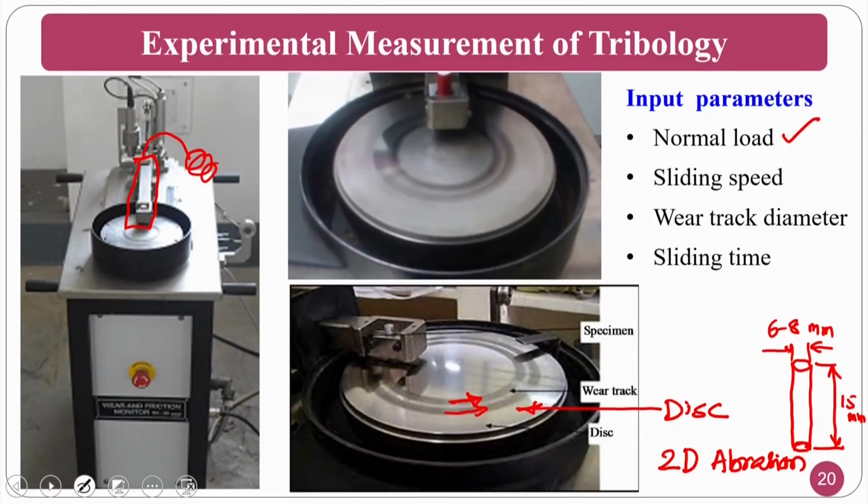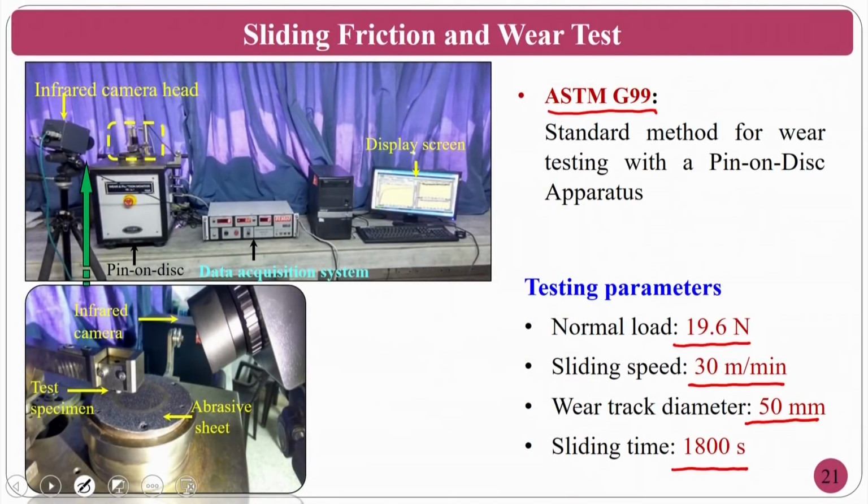However, you can also simulate or do 3D abrasion by placing emery paper, which is called abrasive paper, on the disc. So you have to hold it firmly. You can see the abrasive sheet here, or abrasive paper, and you just move around. This is 3D abrasion. Okay, so you can check 2D abrasion as well as 3D abrasion. 3D abrasion, some of the people follow for grinding applications and all those things.